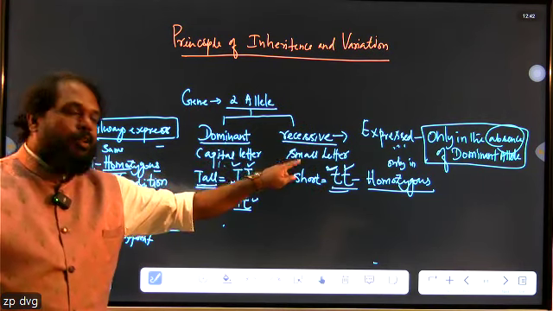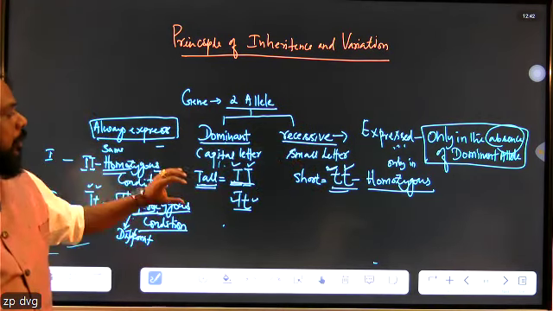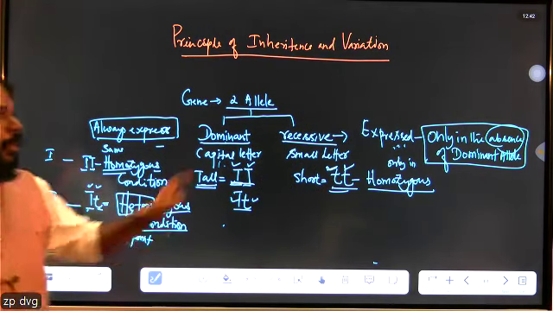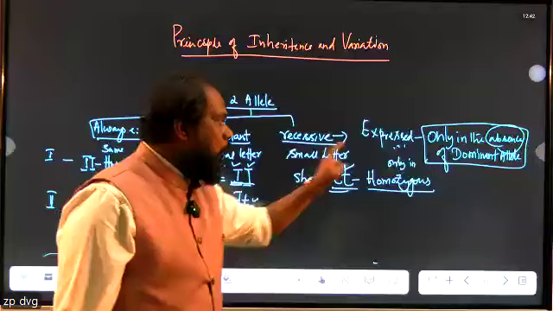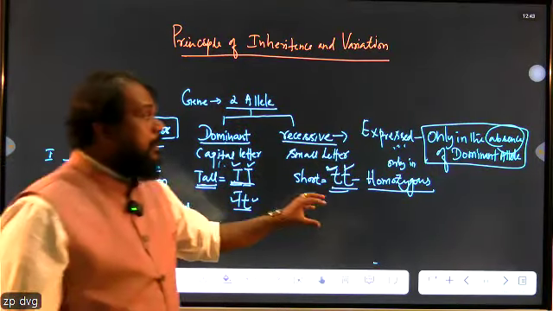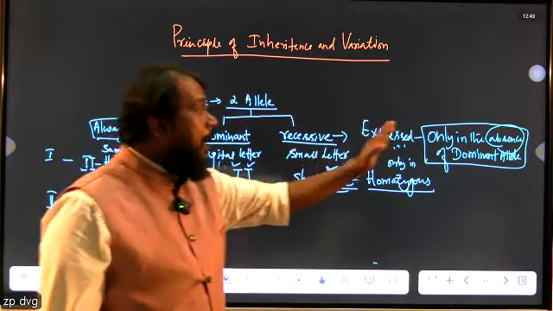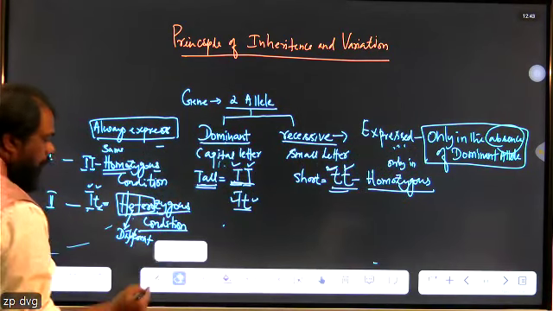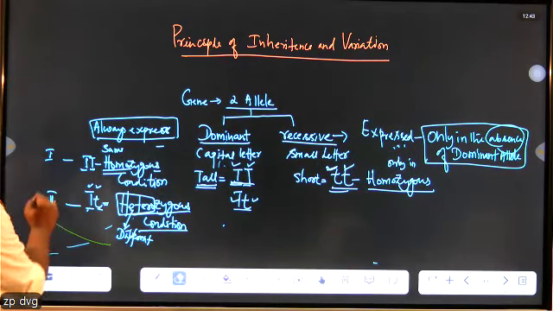Recessive, you should represent in small letter. Dominant will be expressed both in homozygous condition and heterozygous condition. Recessive will be expressed only in the homozygous condition. Dominant will always be expressed, but recessive will be expressed only in the absence of dominant allele. Hope you understood this concept. Let's go to the next concept.